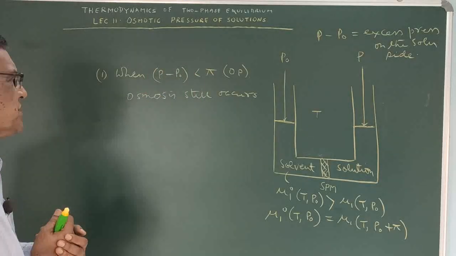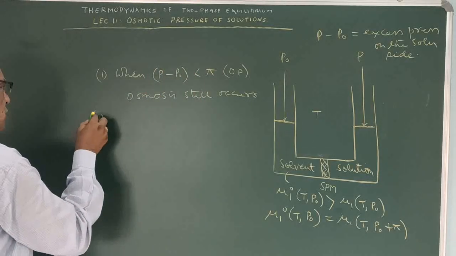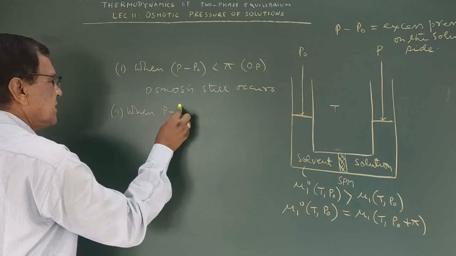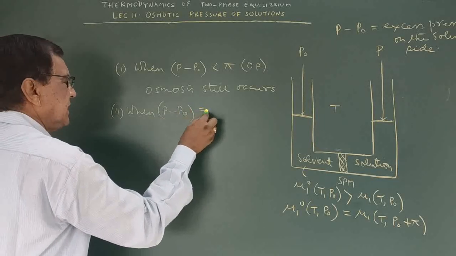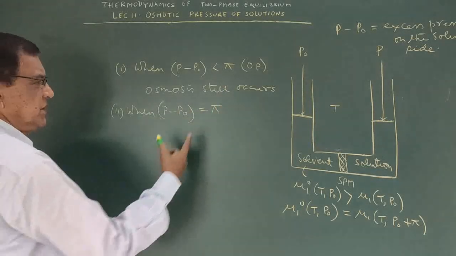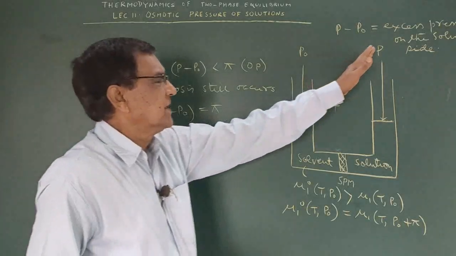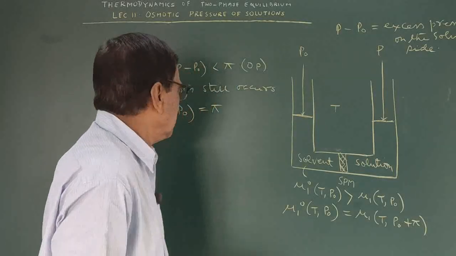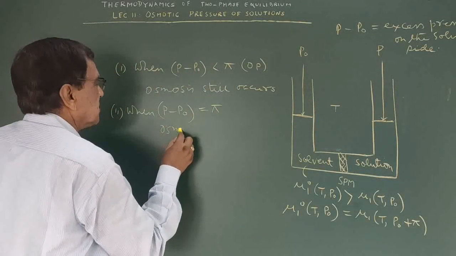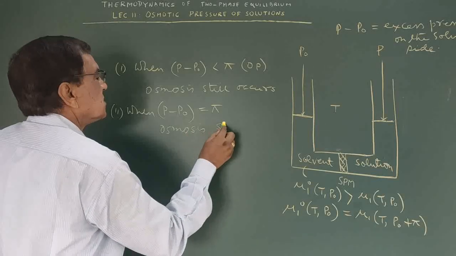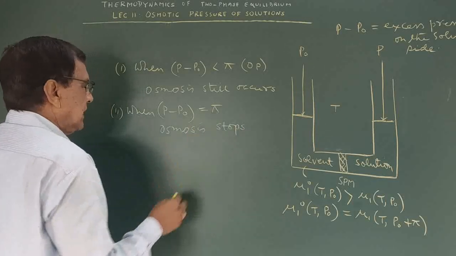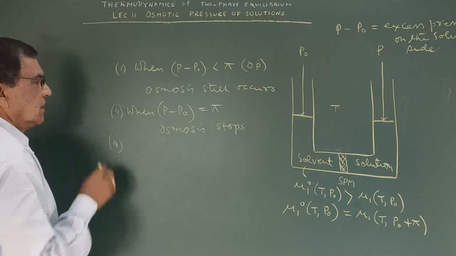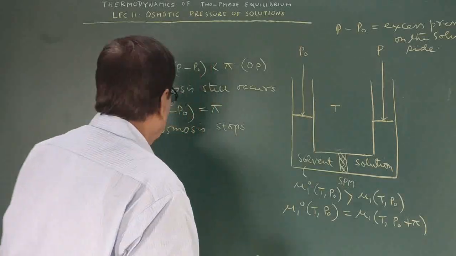Case number 2: when P minus P naught is equal to pi, the osmotic pressure, the excess pressure on the solution side becomes equal to the osmotic pressure, and osmosis stops. And the third case, very interesting.